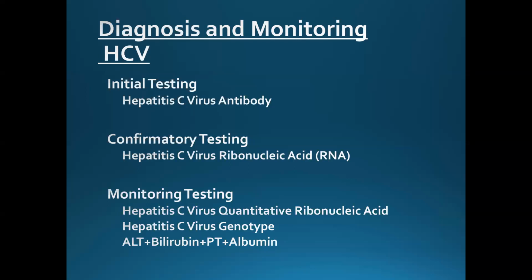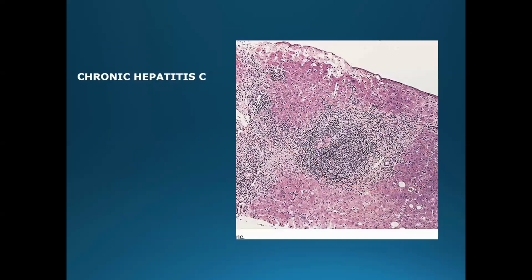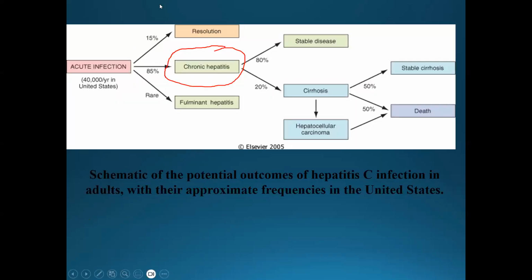You don't tell the patient that you're free of the disease. You will tell him we still need to do more testing. So you do have the infection. Now we want to know if you are chronically infected or you have really cleared the infection, which happens in a very small minority of cases, as you recall from here. So resolution is happening only in 15% of the cases.